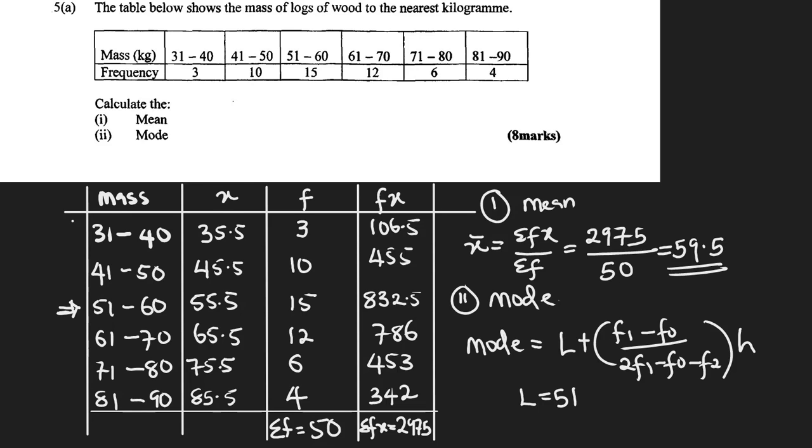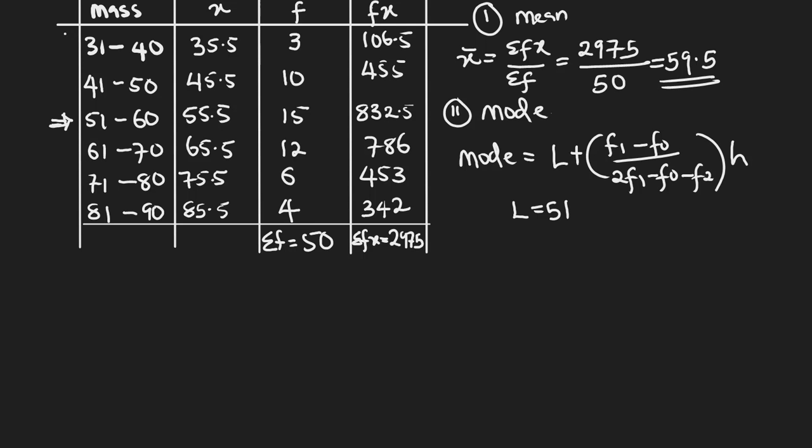Then we have our F1. What is F1? F1 is the frequency of the modal class, which is 15, right? So we write 15 here. Then we have F0. What is F0?